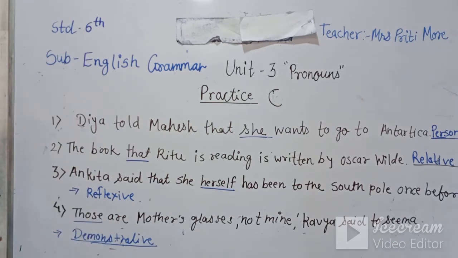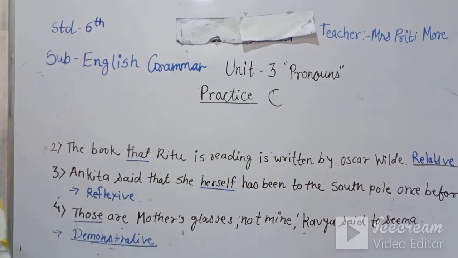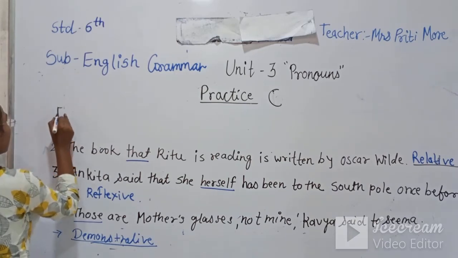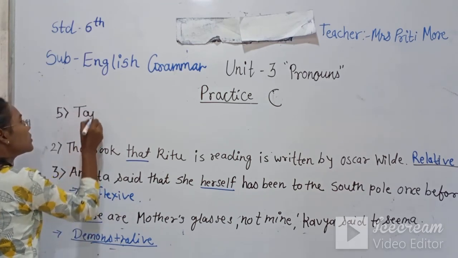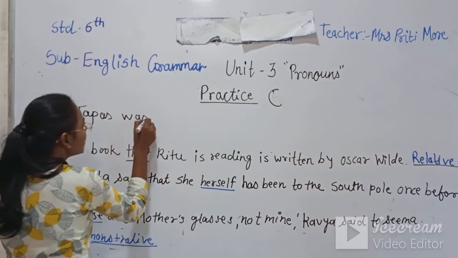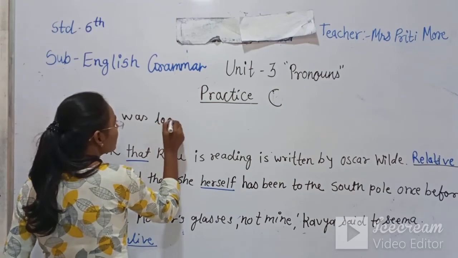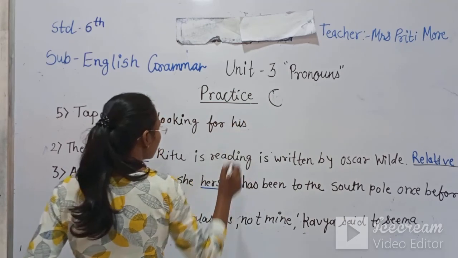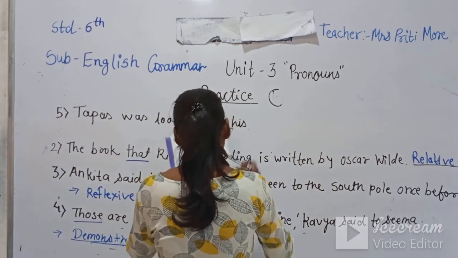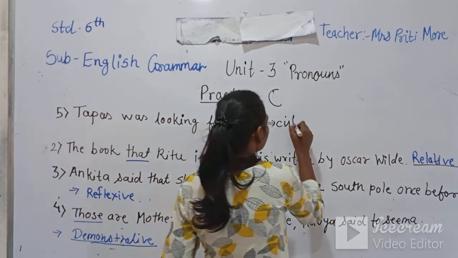Now the fifth and last one. First I just have to rub this first one so that I can write the fifth sentence. Tapas was looking for his binoculars.